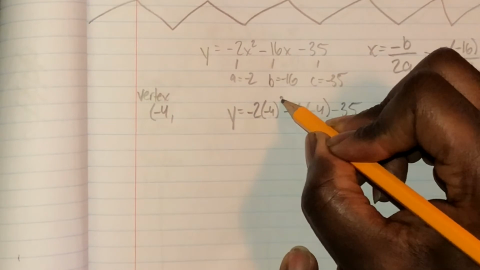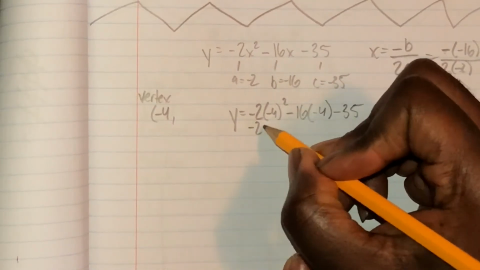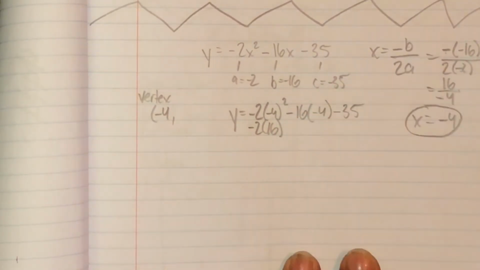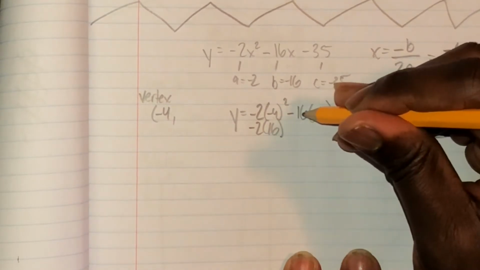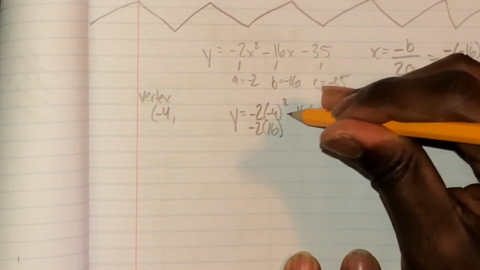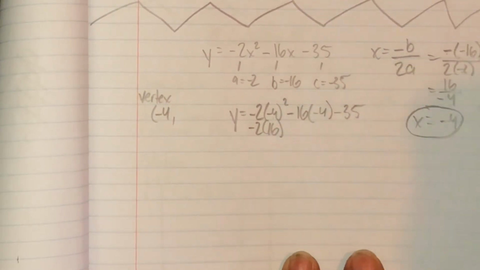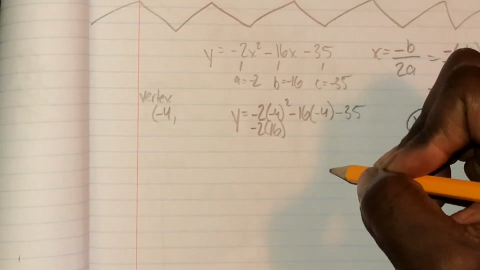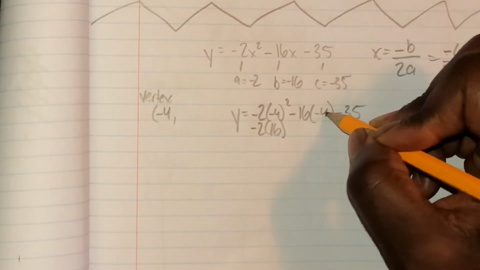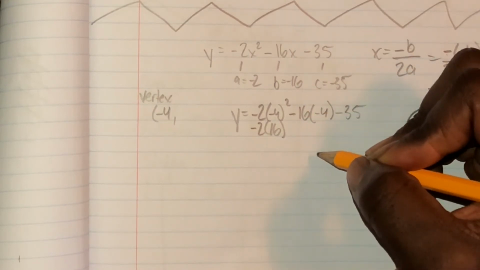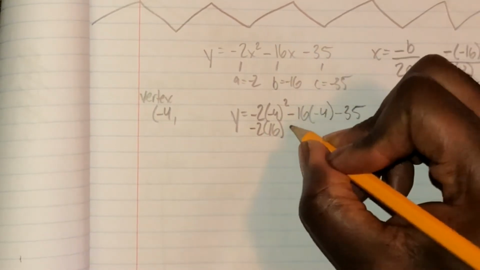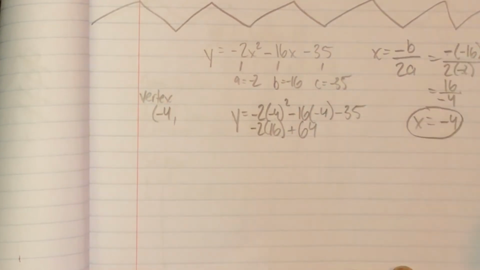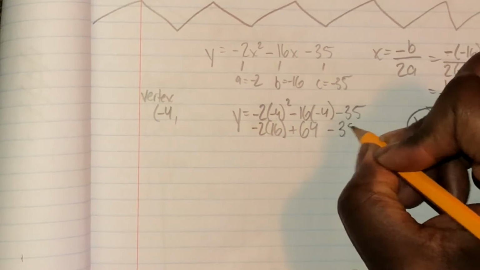Negative 4 squared gets me 16. So that's negative 2 times 16. I have negative 16 because there's negative still there. Times a negative 4. 4 times 6 gets me 24. 4 carry the 2. 4 plus those 2 more gets me 64. That gets me positive 64. Minus 35.